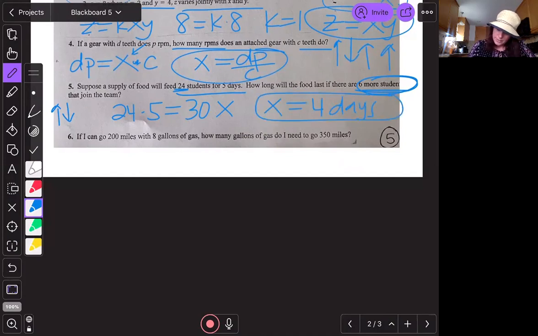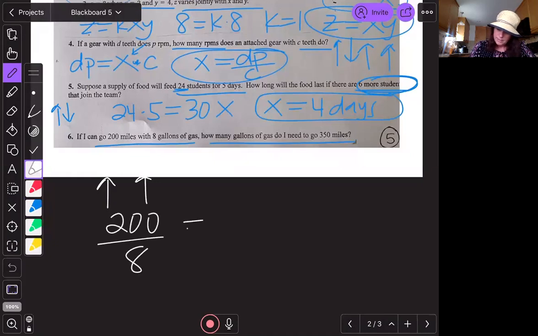Now, the last one: if I can go 200 miles with 8 gallons of gas, how many gallons of gas do I need to go 350? Well, for this one, we would want to set up a proportion, because the more miles that we go, the more gallons of gas we will need. So 200 miles per 8 gallons of gas equals, I'm going to put 350 on top, x gallons on the bottom.